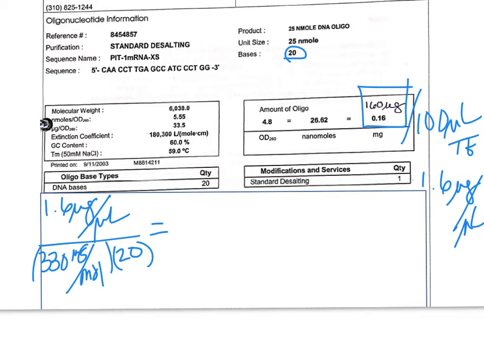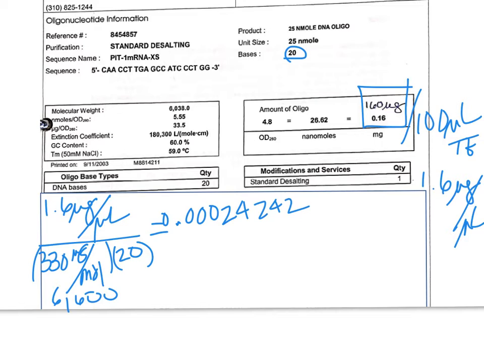So let's do that: 330 times 20 equals 6,600 grams per mole per nucleotide. And so we want to take 1.6 divided by 6,600, and that equals 0.000242242. And what are our units?